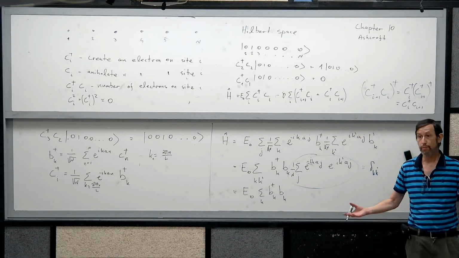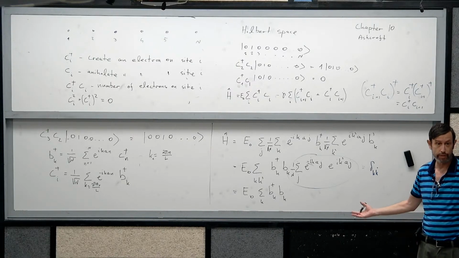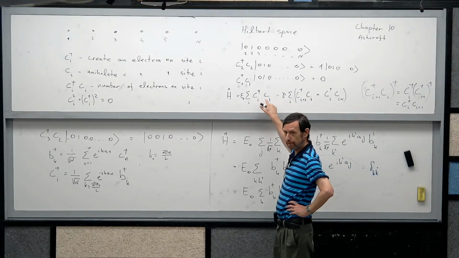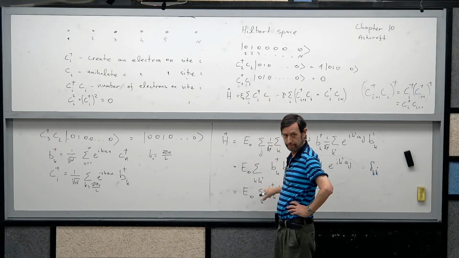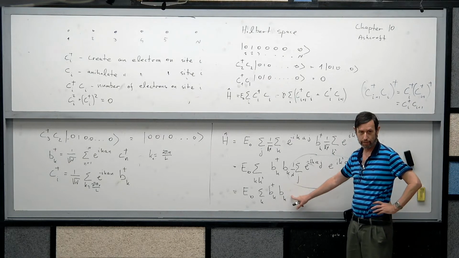Okay, so after Fourier transform, we return to a form that is very similar. Here it was E0 times Ci dagger Ci. Here it has a very similar structure.